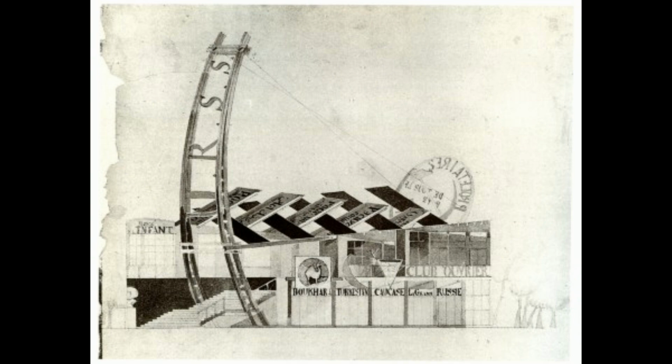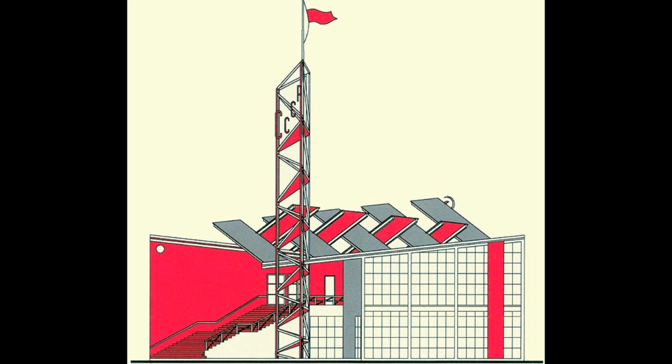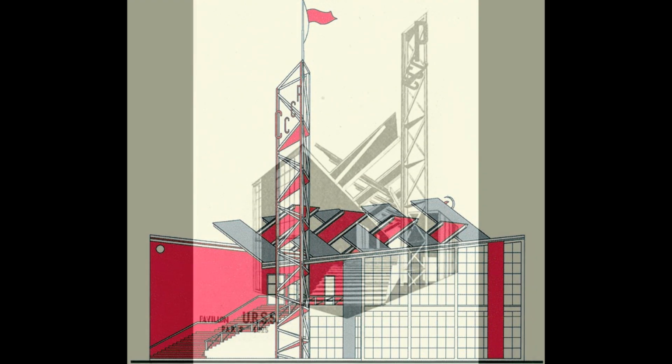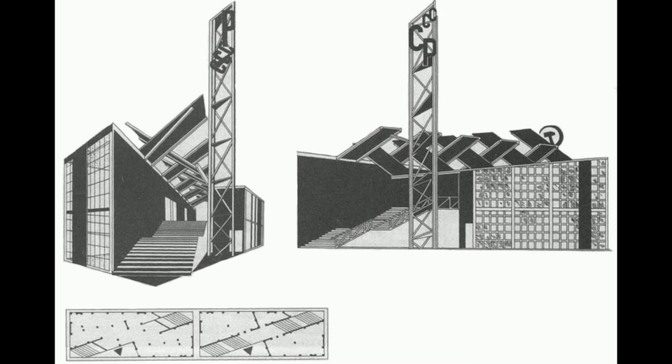This sharp form created a sense of movement and energy, perfectly capturing the forward-thinking ideology of the young Soviet Union. The use of exposed wood as a primary material also reflected a commitment to minimalism and functionality, eschewing the decorative excesses of other pavilions at the exposition.